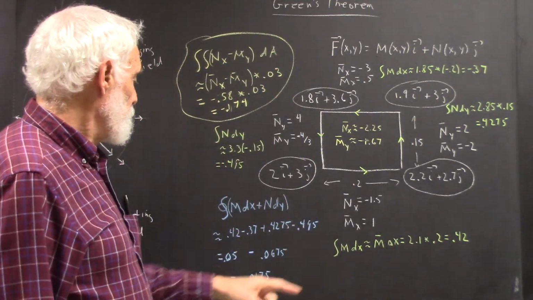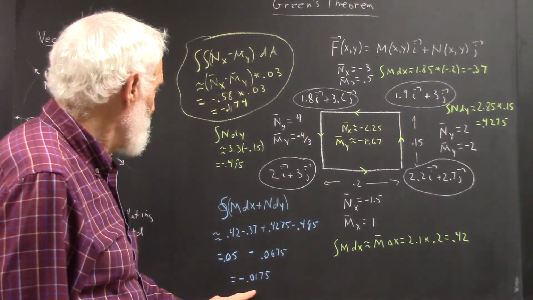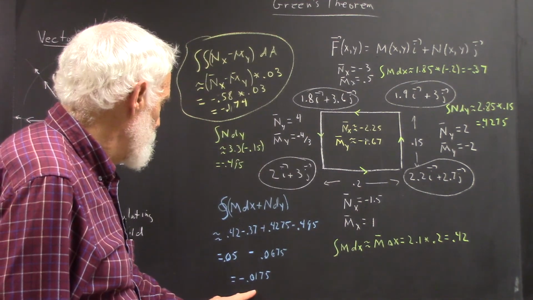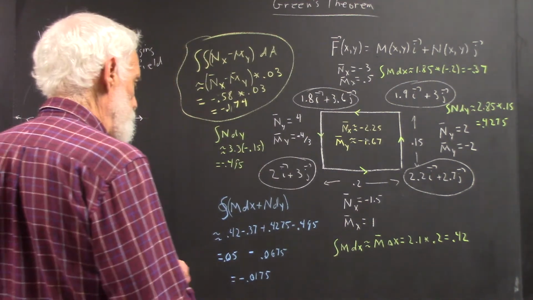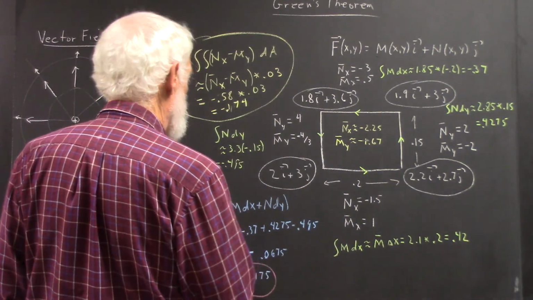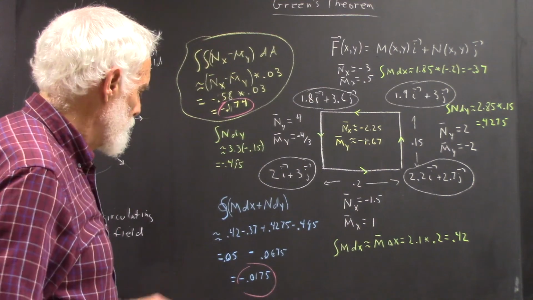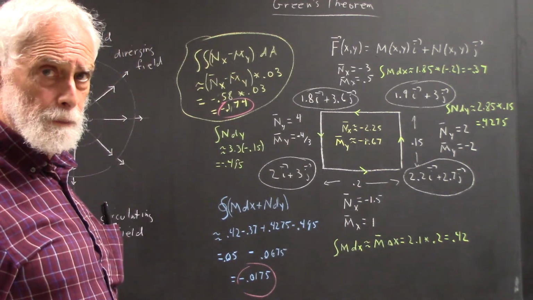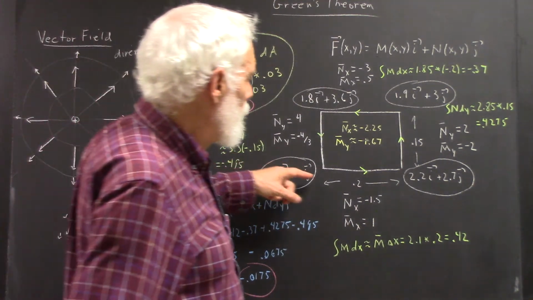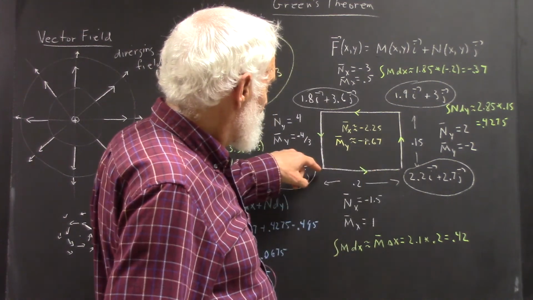So we just write down those numbers, add them up, and look at what we get. And compare this with this.